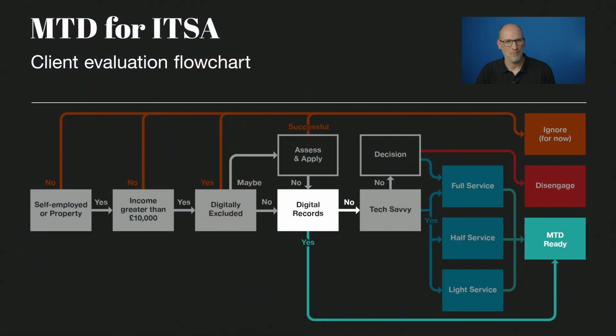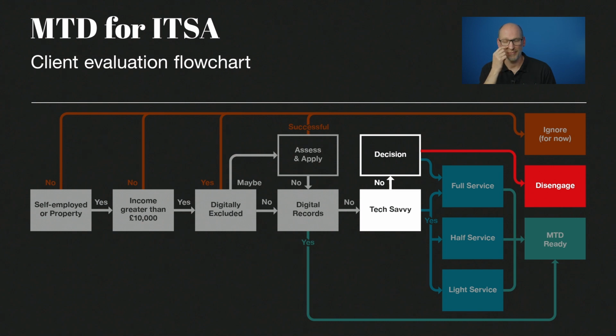I wonder if we can pop that graphic back up again, because the reason we're trying to establish whether our clients are tech savvy or not is that we've got this far down the flow chart. We know they're not using digital records right now. We know they have to start using digital records. Are they capable?